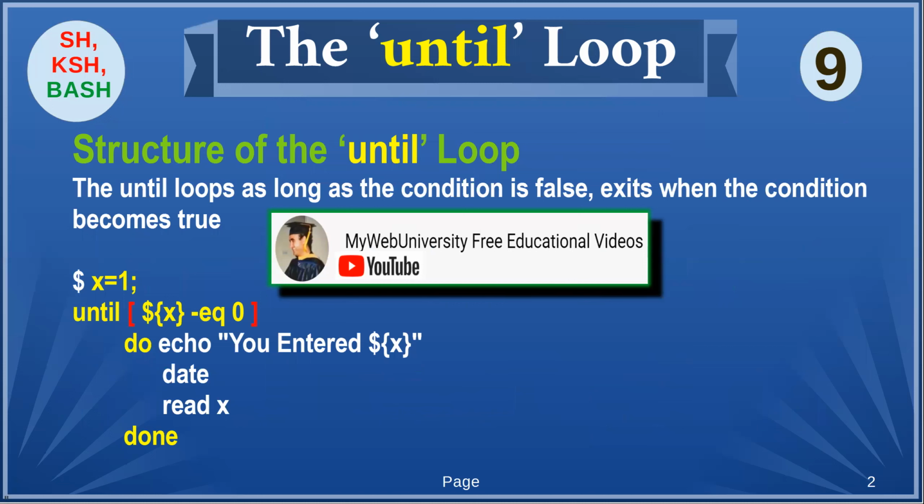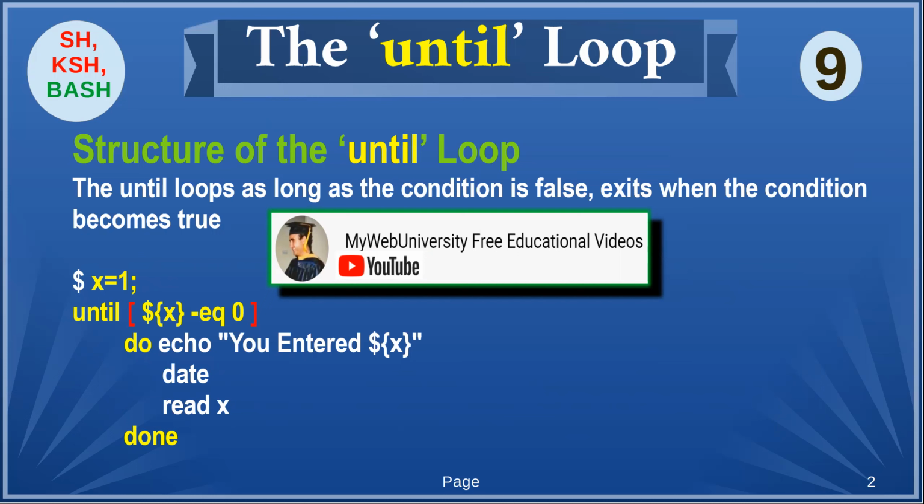Without further ado, I'm going to show the structure of the until loop, which says that the until statement loops as long as the condition is false. As opposed to the while statement, when the condition within the brackets is false, it continues with the statements following the do and before the done. When the condition becomes true, it exits the loop.